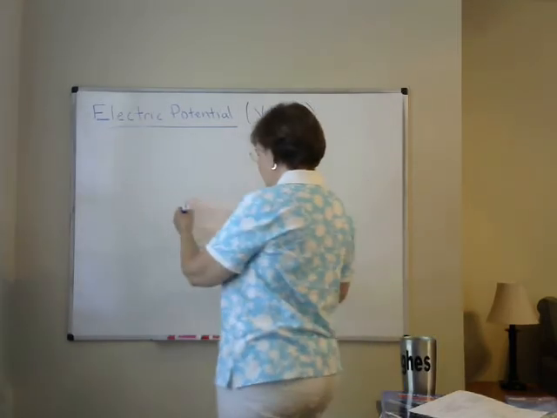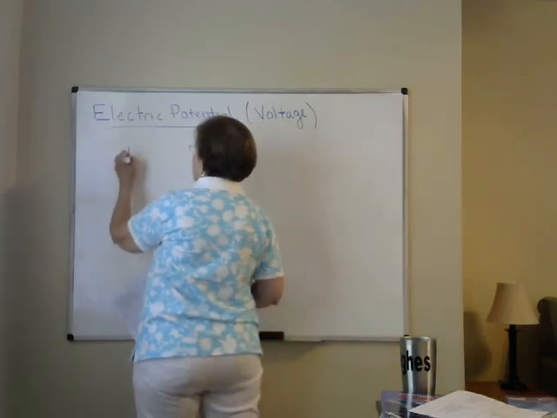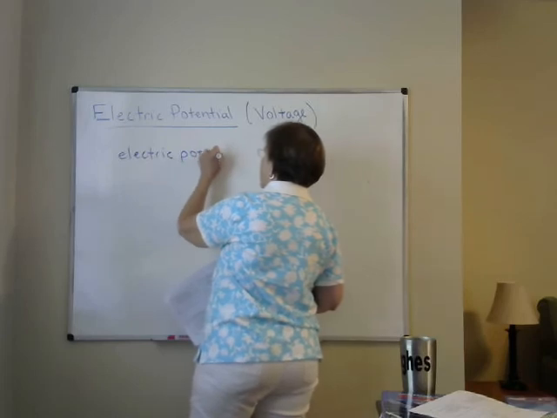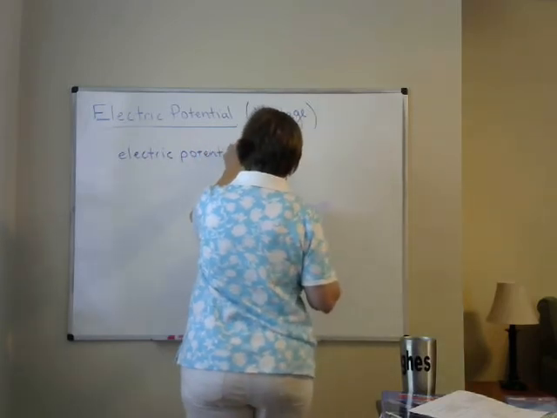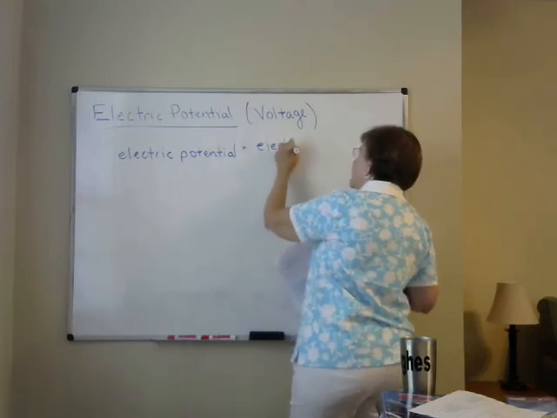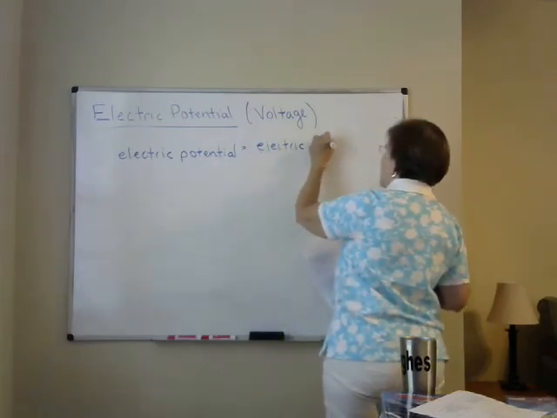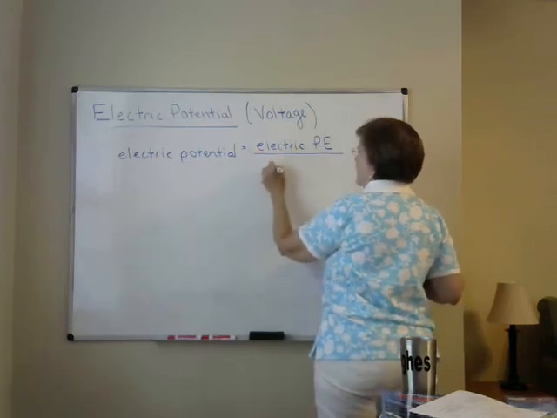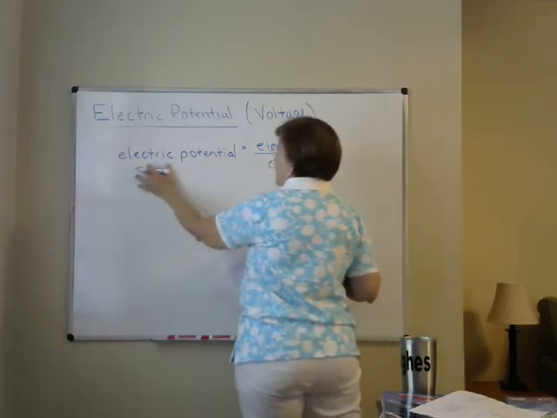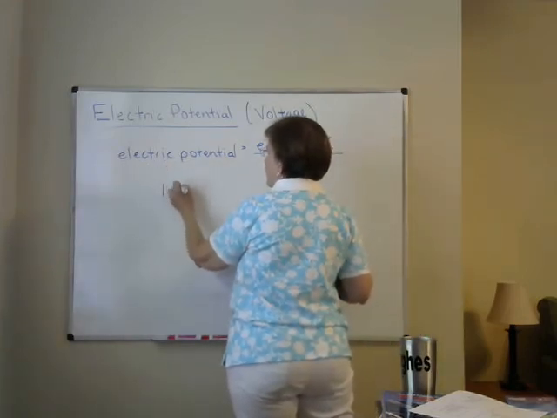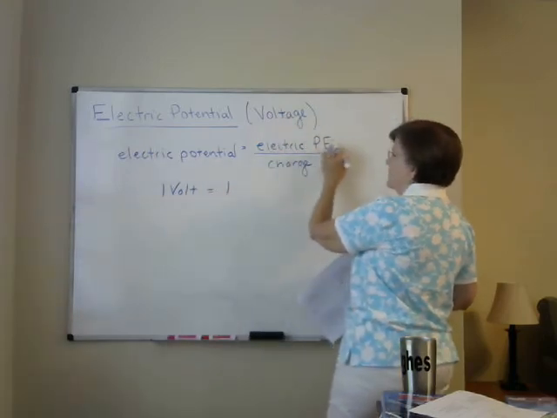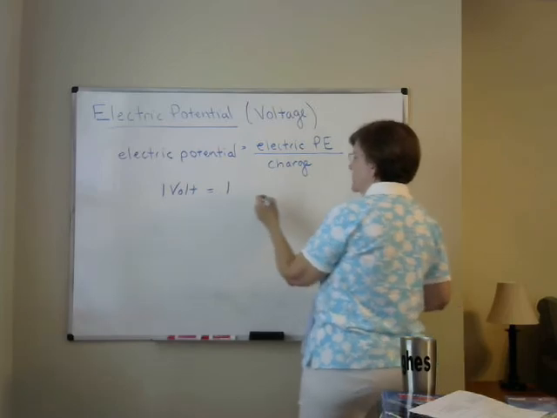To calculate electric potential, we just take the electric potential energy divided by the charge. Well, electric potential is in volts. If we look at the units, we find that 1 volt is 1 joule per coulomb. What do we measure potential energy in? We measure that in joules.